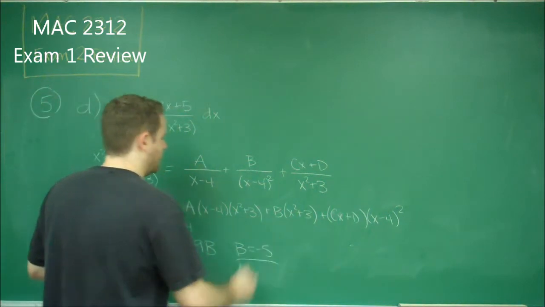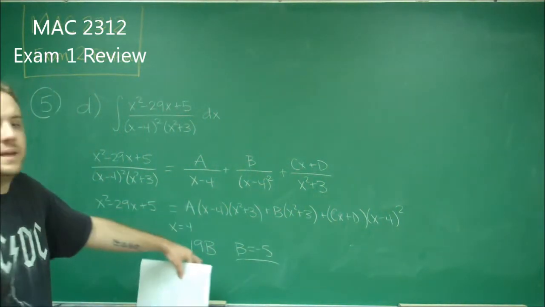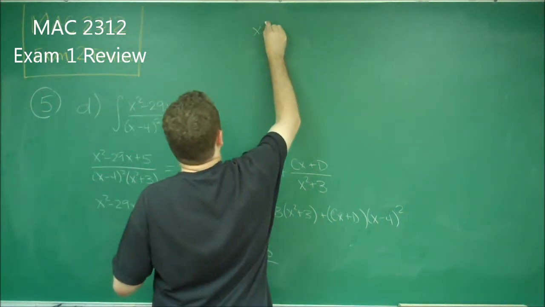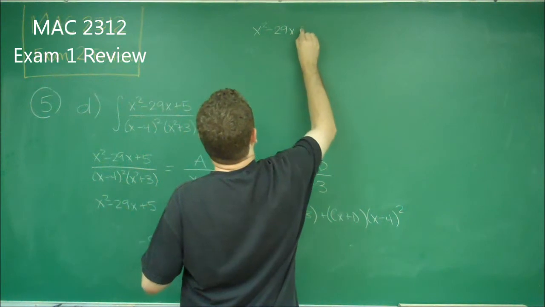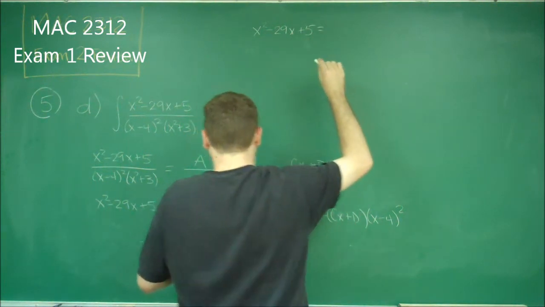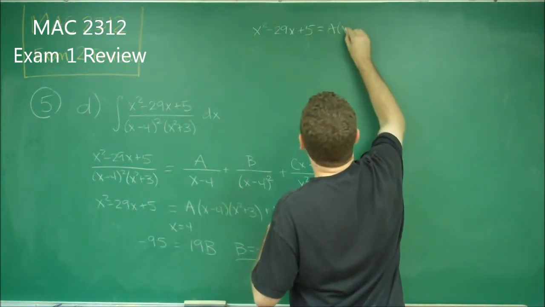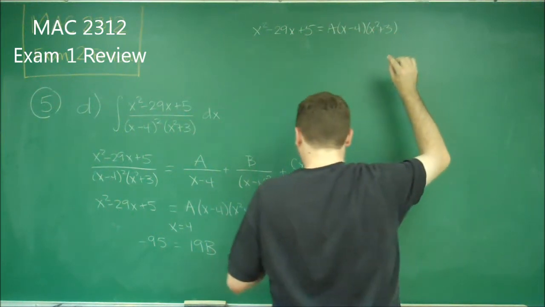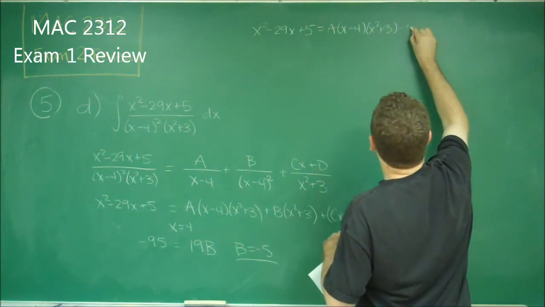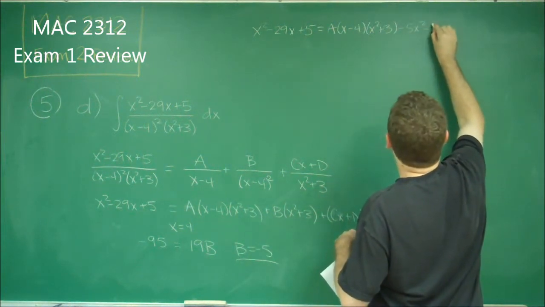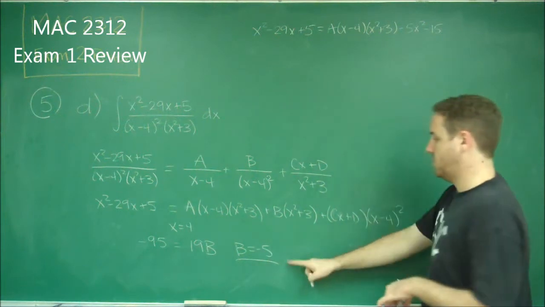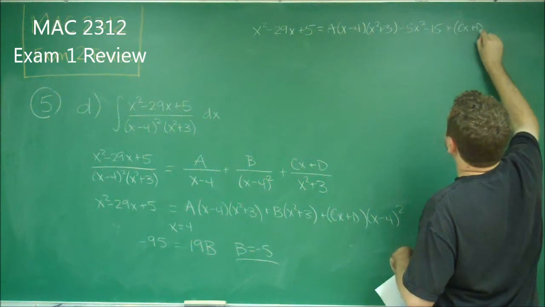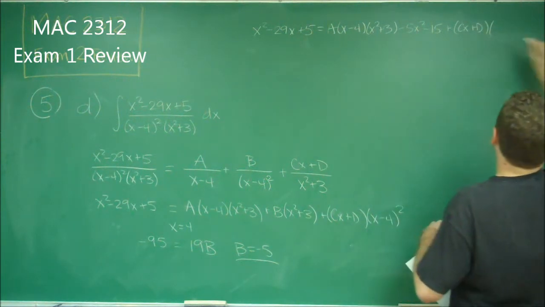So now you can write that in when you rewrite the next step, because the next step is going to have to be by grouping. So we have A times x minus 4 times x squared plus 3, so we get minus 5x squared minus 15 by just plugging in the negative 5 for B, plus Cx plus D times our x minus 4 squared.